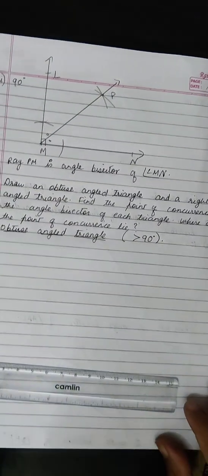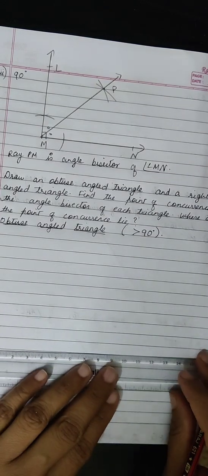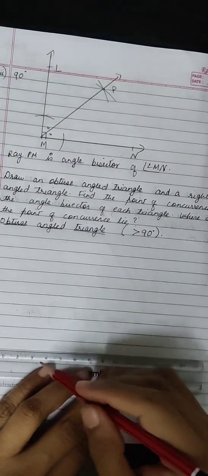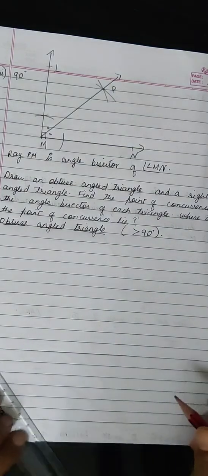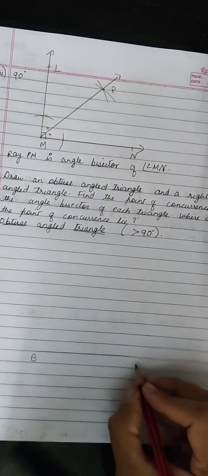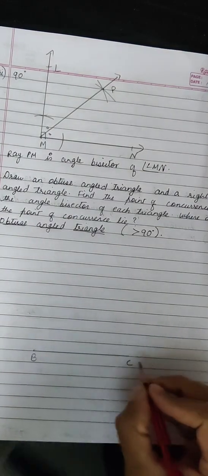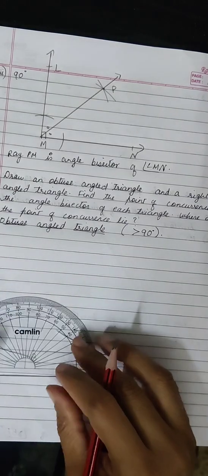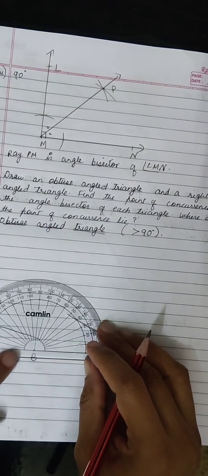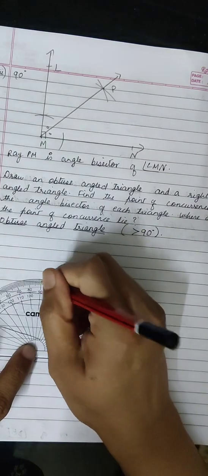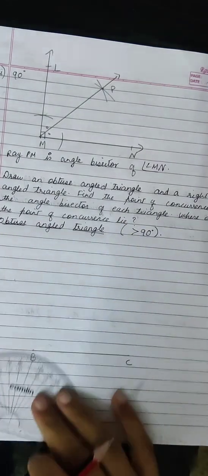So what I am going to do is first draw the obtuse angle triangle. Now because measurements are not given to us, we can take any measurements, and naming this as BC. I'm putting the point on B and I have to measure an angle more than 90, so I'm taking 110.